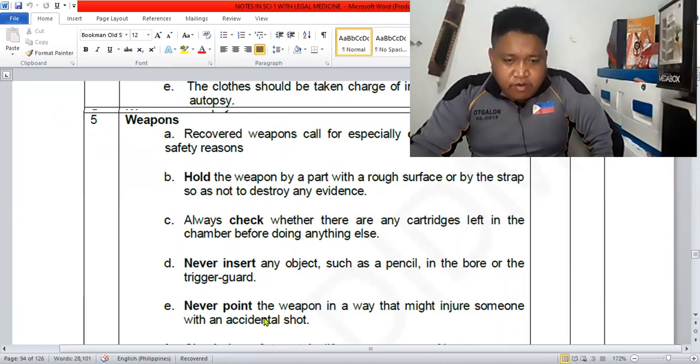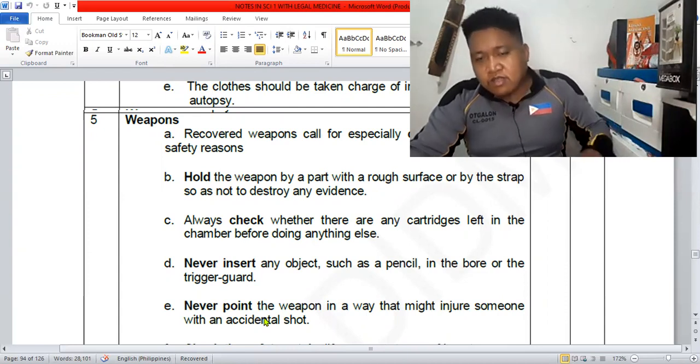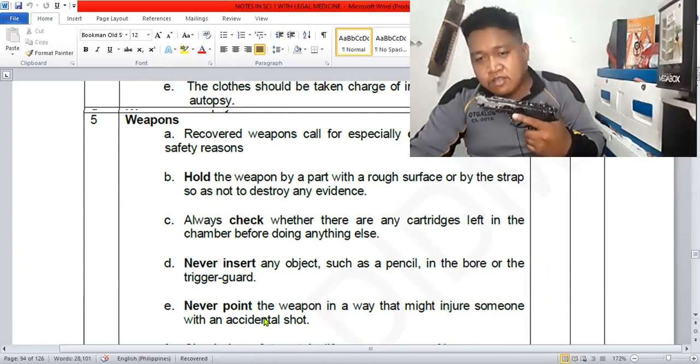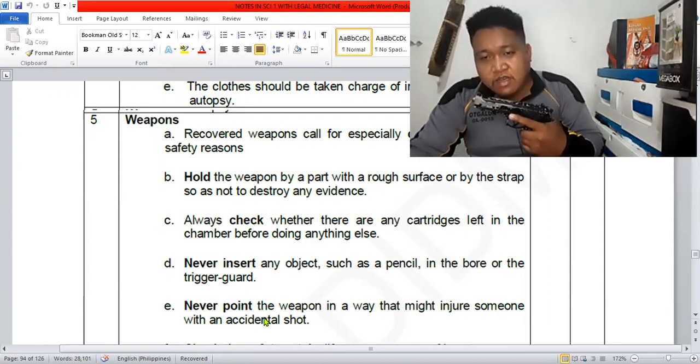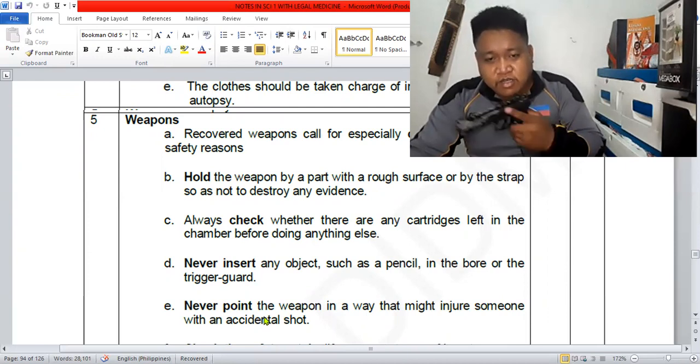Then never point the weapon in a way that might injure someone with an accidental shot. So always remember, no, the safety precautions in handling a firearm. Always treat firearms as loaded and point it downward and not to any direction. Okay.